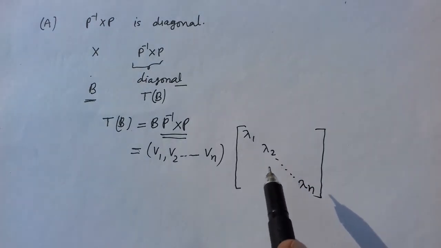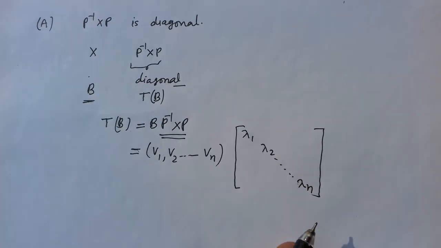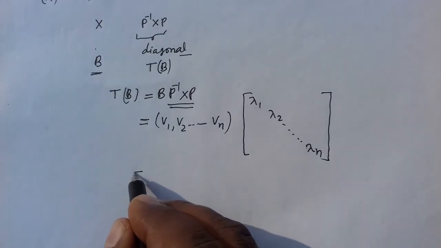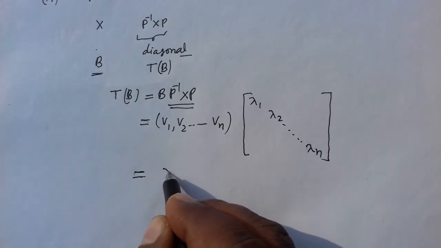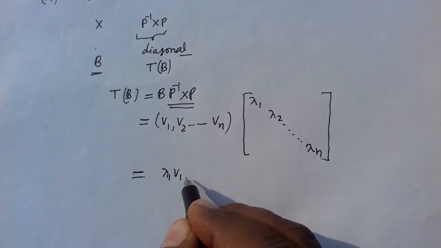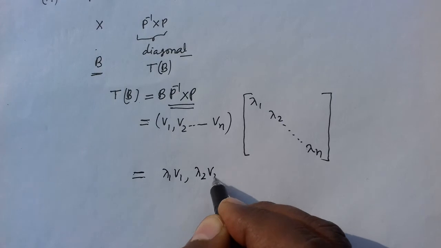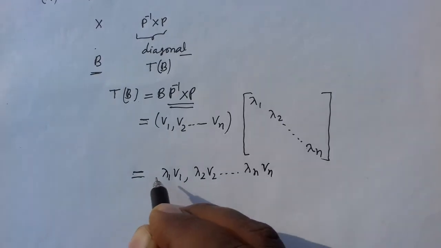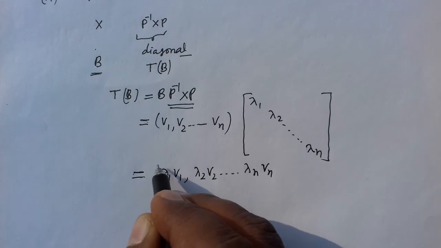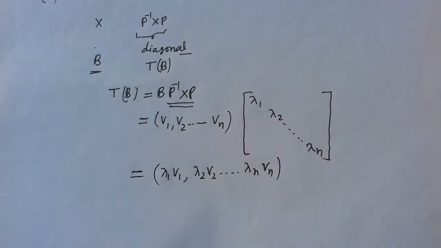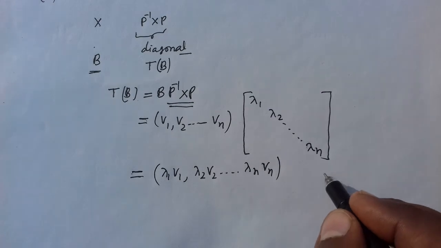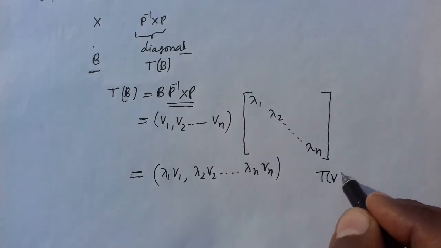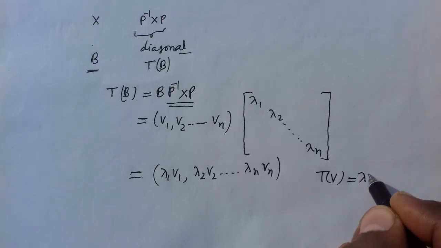Now you clearly see that this is a diagonal matrix. Now if you multiply, then you get lambda 1 v1, lambda 2 v2, lambda n vn. You know that eigenvectors and eigenvalues are related according to this formula.